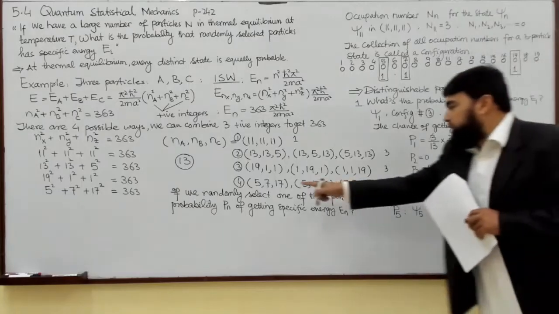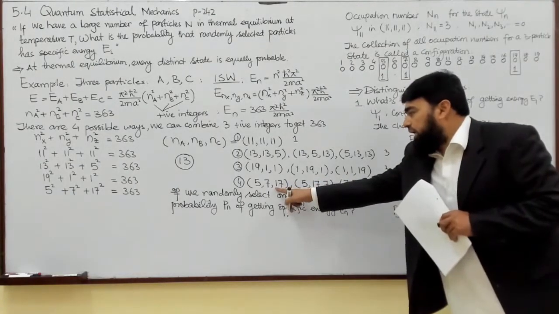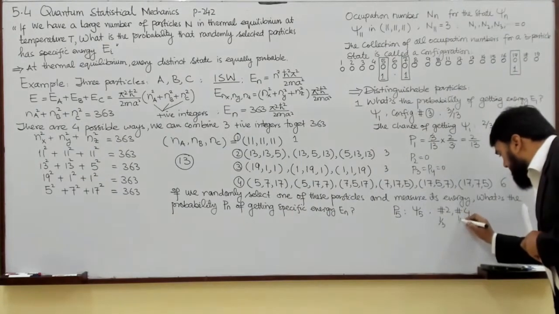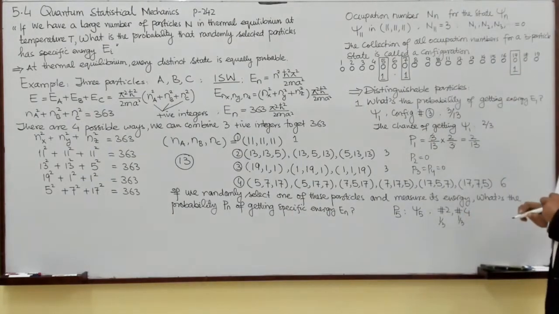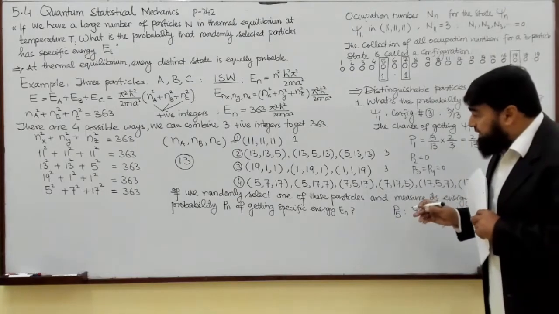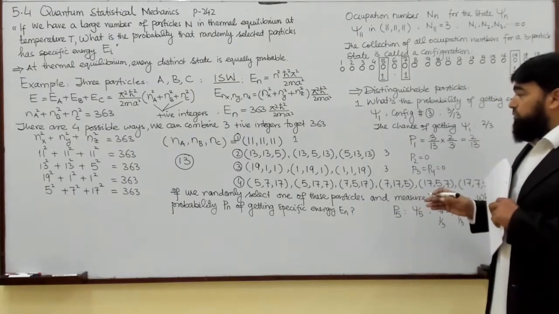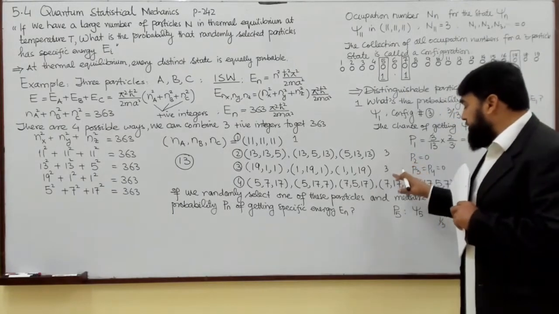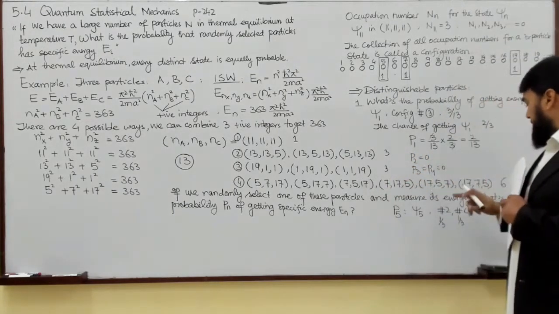While in configuration 4, again the chance of it is 1/3. And now, how much is the chance that we will get configuration 2 or configuration 4?